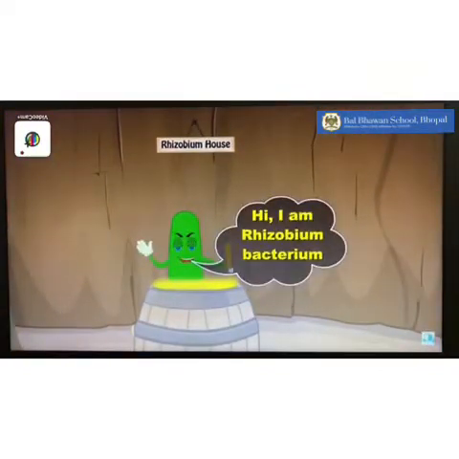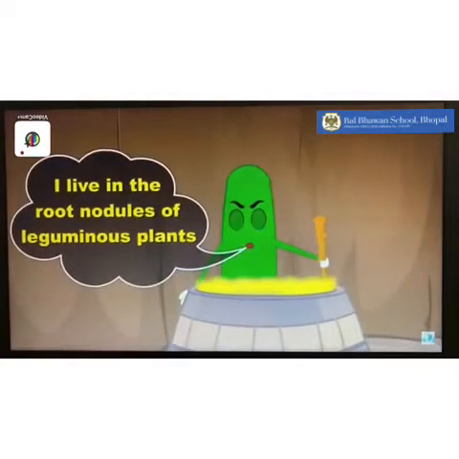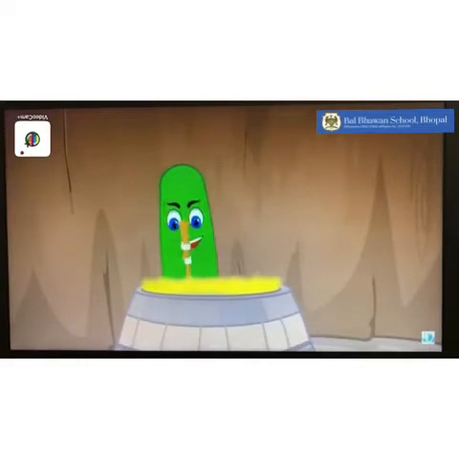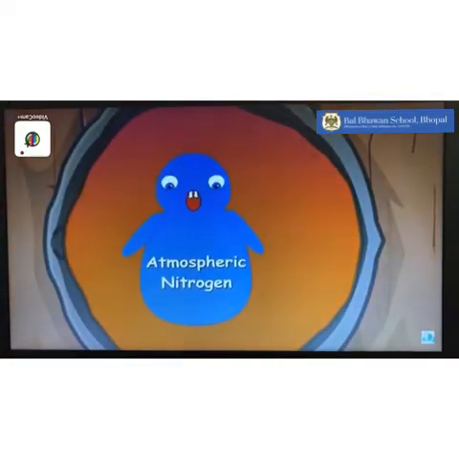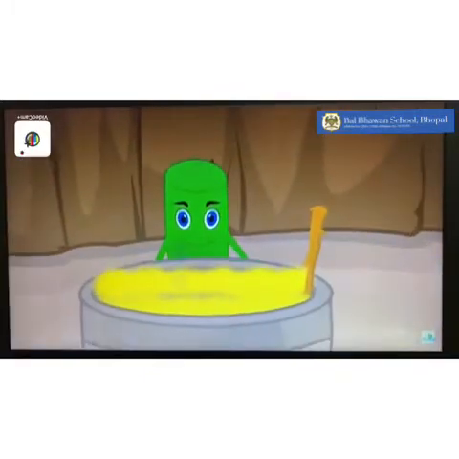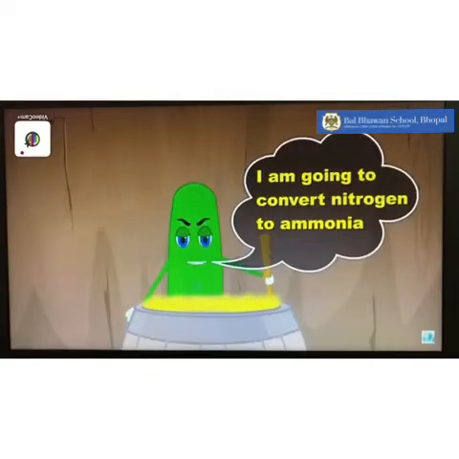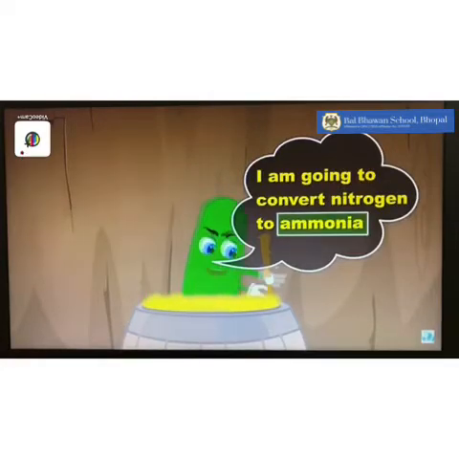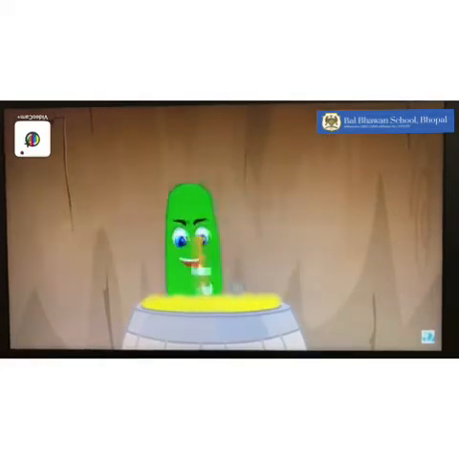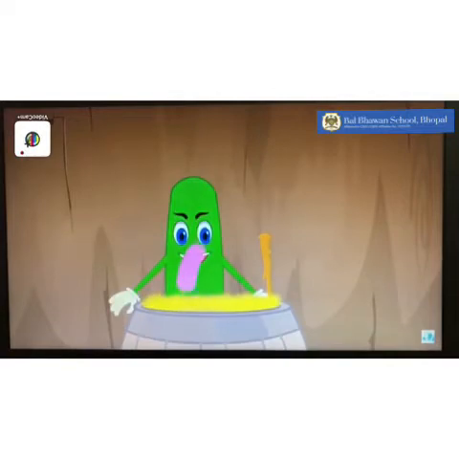There are certain leguminous plants which have root nodules in them, and there lives a bacteria called Rhizobium. This bacteria helps in converting the atmospheric nitrogen into compounds of nitrogen. They help in converting the nitrogen into ammonia.